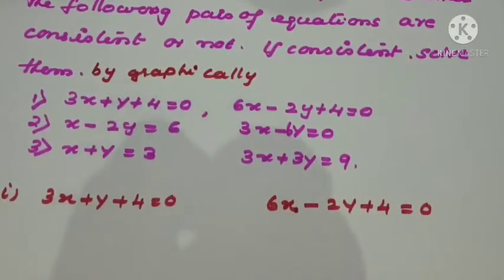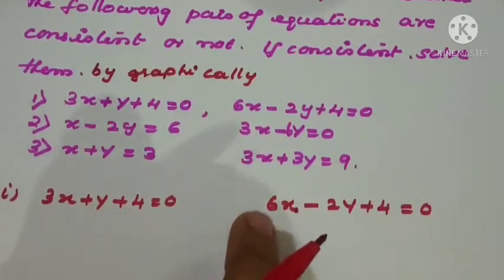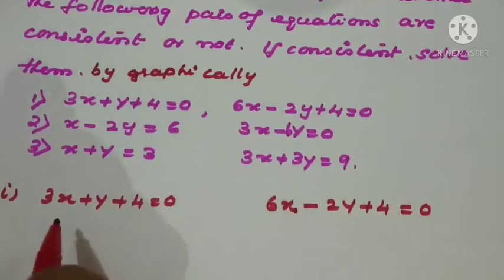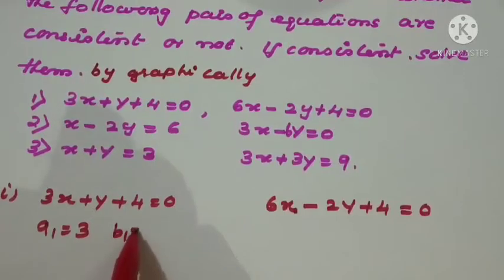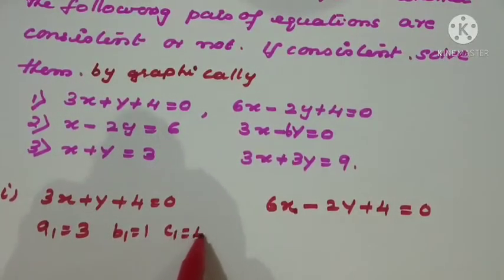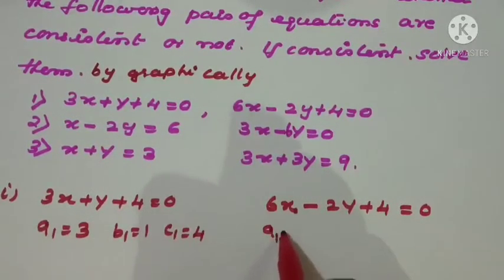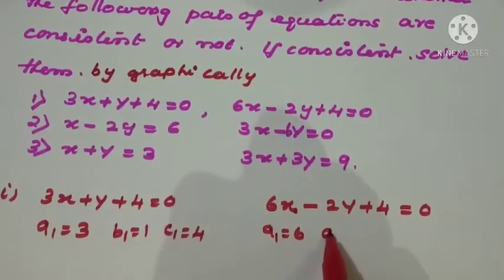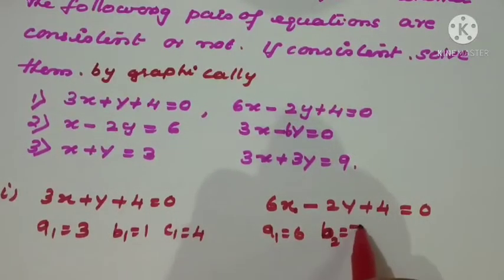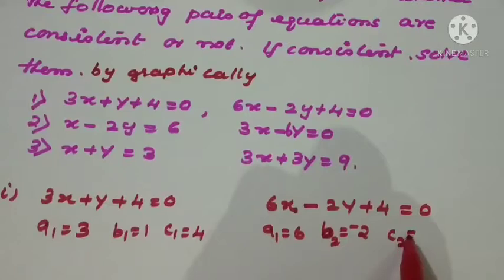Now if it is not consistent, we will have the lines parallel. But here they told that only if consistent, then solve. So let us see: a1 equal to 3, b1 equal to 1, c1 equal to 4. Here a2 equal to 6, b2 equal to minus 2, c2 equal to 4.